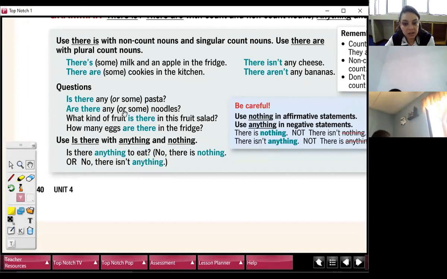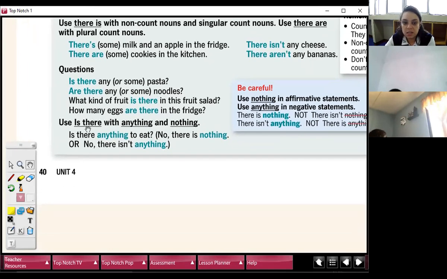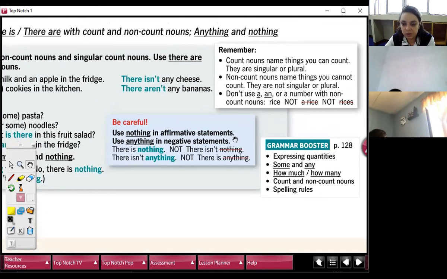Are there any or some noodles? What kind of fruit is there in this fruit salad? How many eggs are there in the fridge? Use is there with anything or nothing. Okay, let's stop right there. We're going to continue with nothing or anything later, okay?